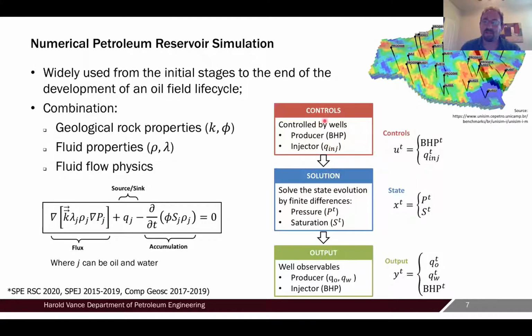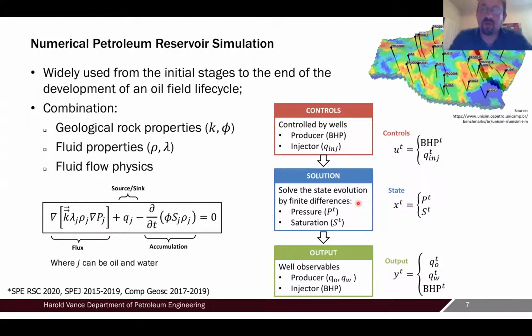And as you can see here, we're trying to control the wells, so how much you're injecting in some of these injector wells, how much you're producing in some of these producer wells, and we call these controls here. It can come in the form of a flow, or in the form of a pressure control. And the solution here, we can look at in this particular way, that we have what we call states.